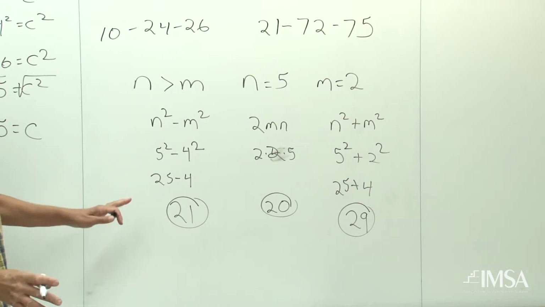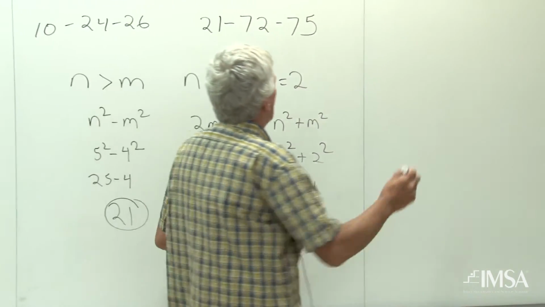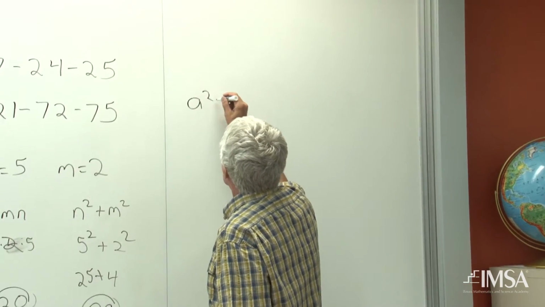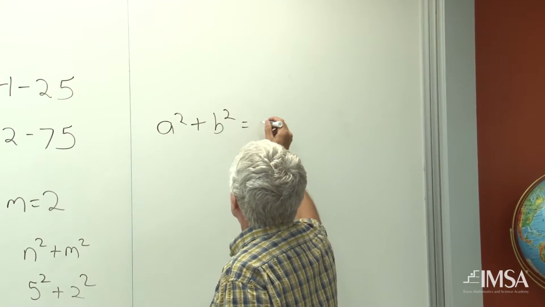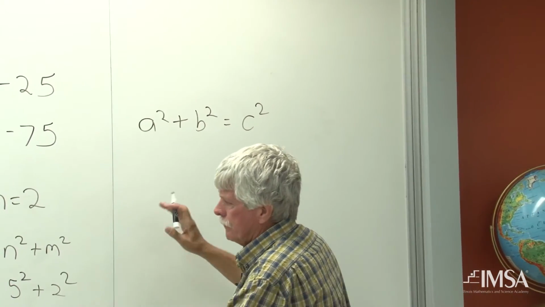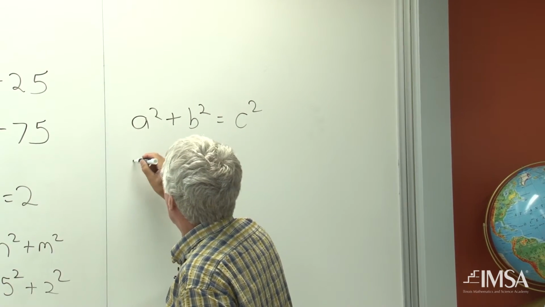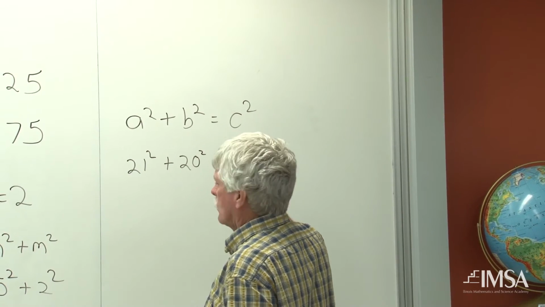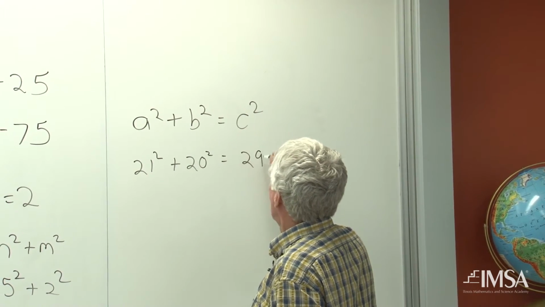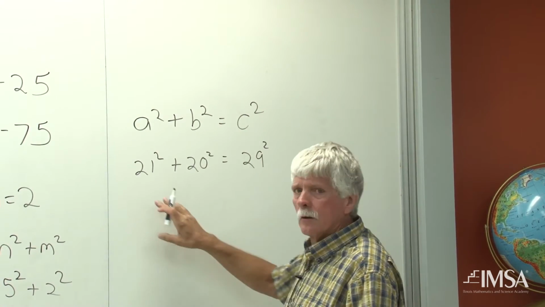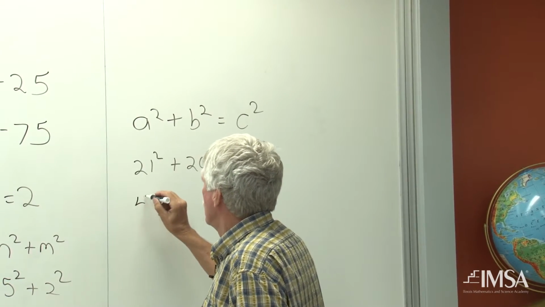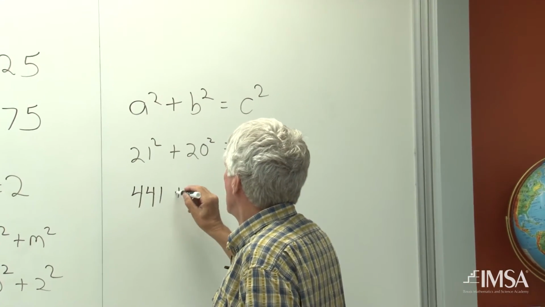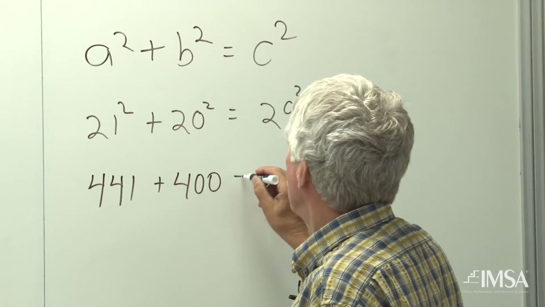Does this work? Let's find out. So we'll take a squared plus b squared. Is that equal to c squared? So we have 21 squared plus 20 squared equals 29 squared. That's our question. 21 squared is 441, plus 400, which is 20 squared.